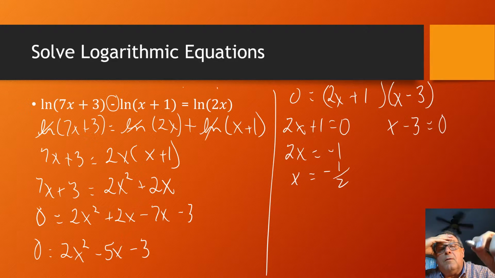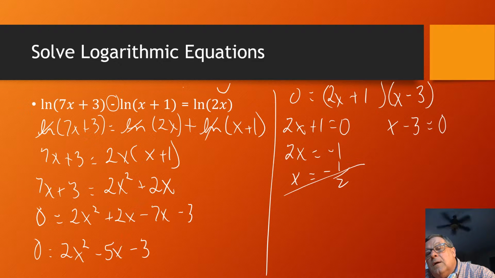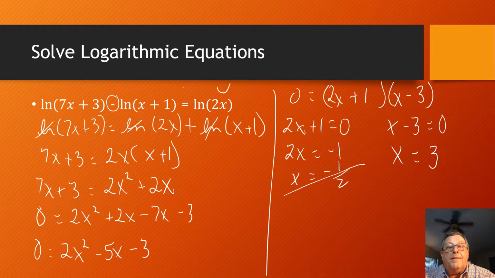And plus, if I put it in right there, 2 times negative 1/2 is going to be negative 1, and I can't take the log of a negative number. So that actually is not a valid solution. But over here, I add 3 to both sides, and we got x is equal to 3. And that should give me a valid solution.